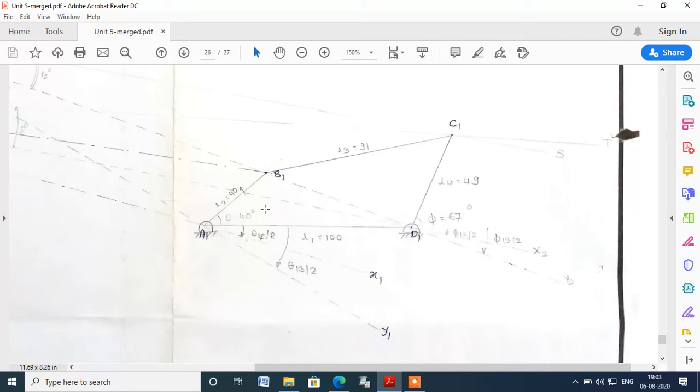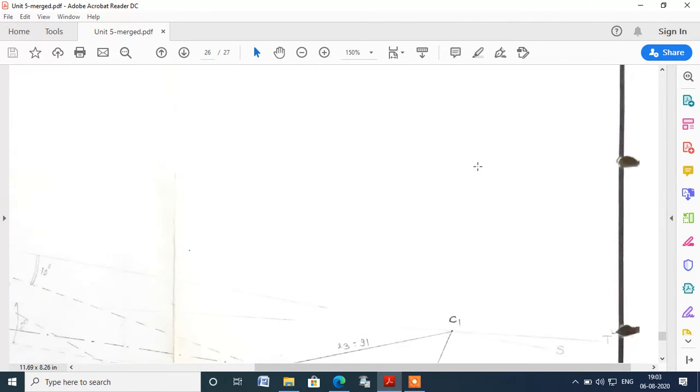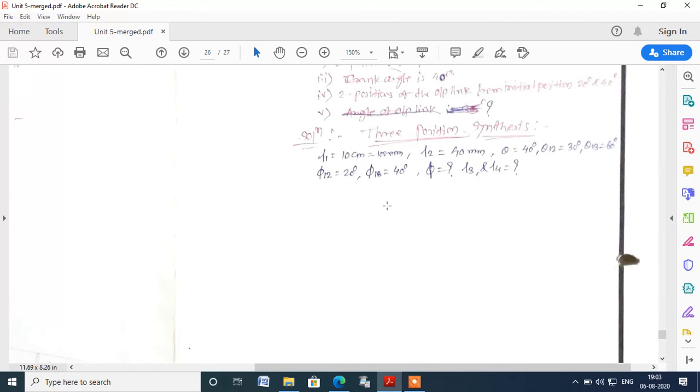So now carefully observe. Here, with your scale and pencil, first draw the fixed link having length L1, that is A1 D1. L1 is given as 10 cm, so L1 is 100 mm.